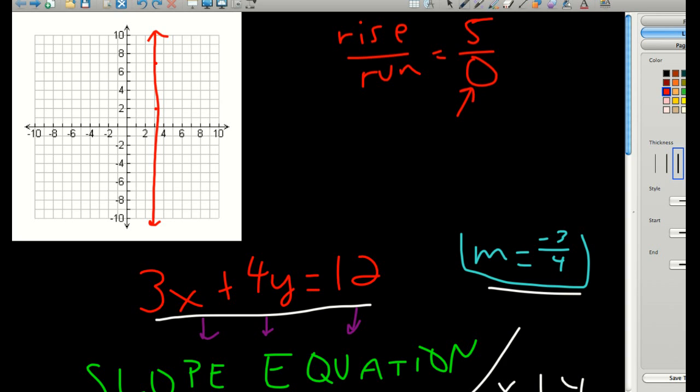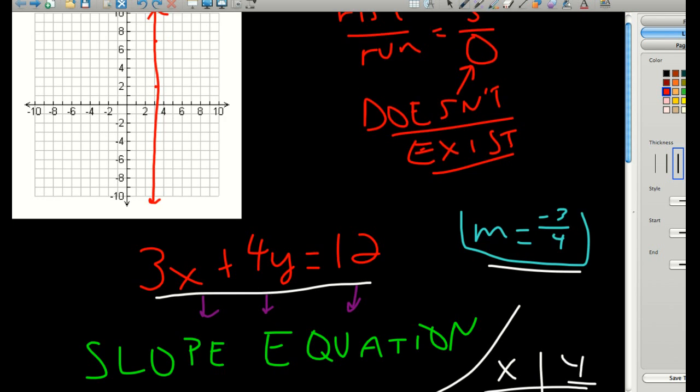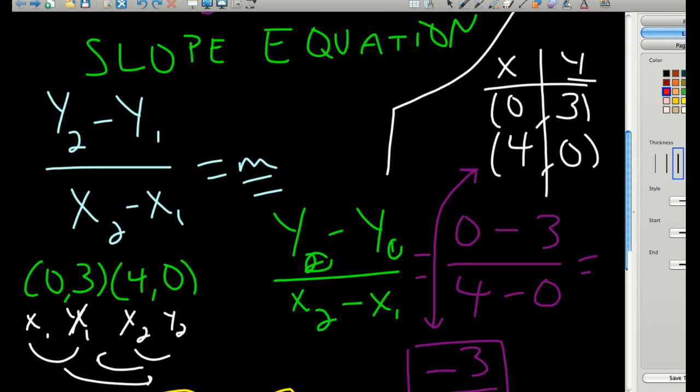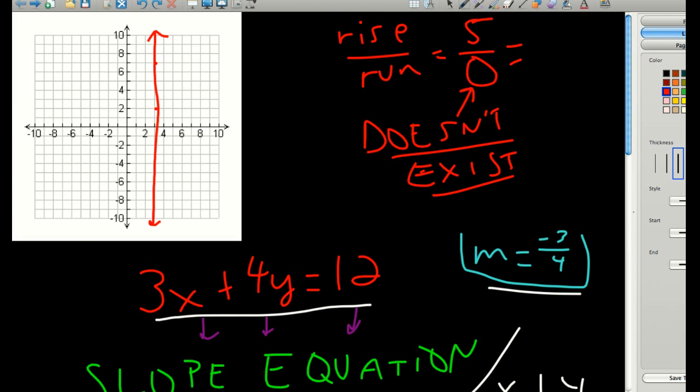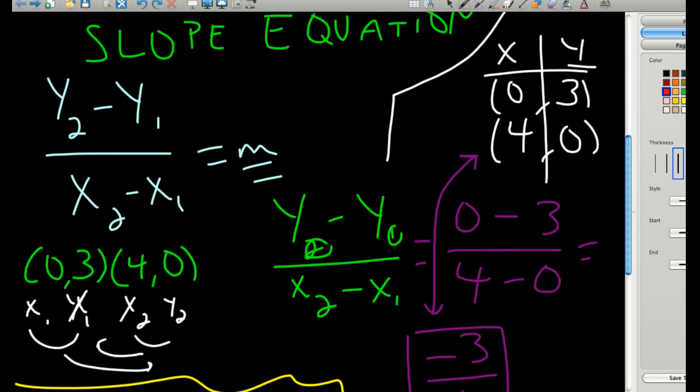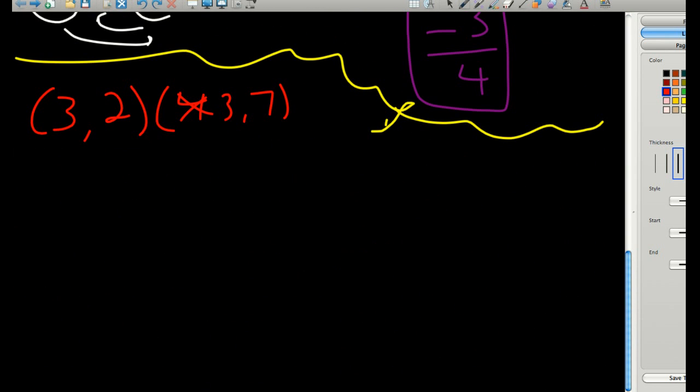And the problem with 0 is, dividing by 0, well, it doesn't exist. We have no number. You can ask Albert Einstein what 5 divided by 0 is, and he can't give you an answer, so no answer. And this can be found throughout the slope equation too.